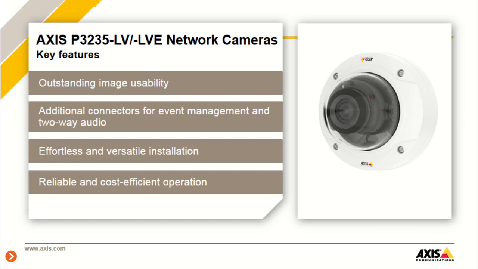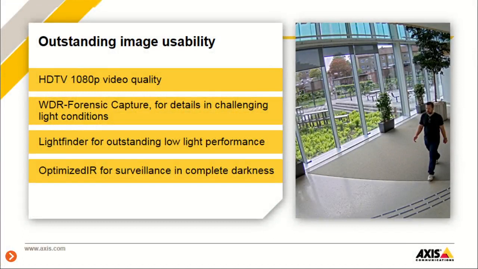This is something I've just mentioned already. And optimized IR means that we actually adapt to the amount of reflection. So instead of creating a really white picture, if we see somebody, for example, or a car is closing in on the camera, we will also use less IR light to make sure that it's not too well lit. That's optimized IR.